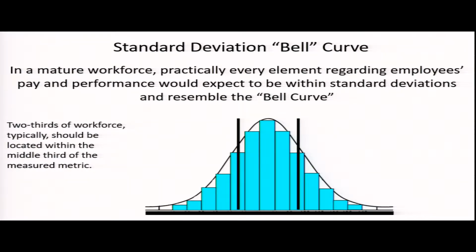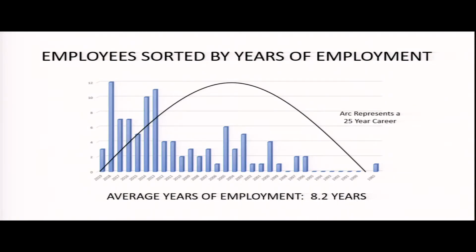You should have a few on the very far left side, a few on the very far right side, and most everybody in the middle, whether you're measuring performance or height or weight or whatever it may be. So we're going to take a look at some charts, and I want the bell curve to be the backdrop that you view those.